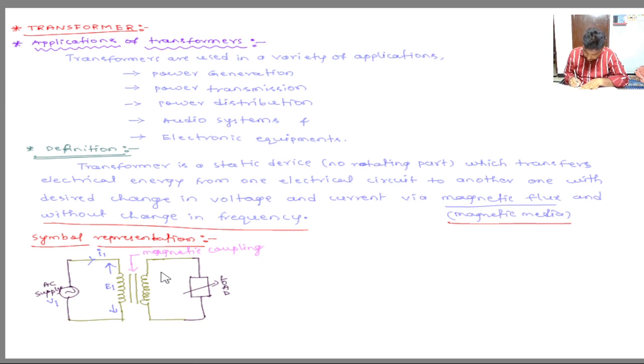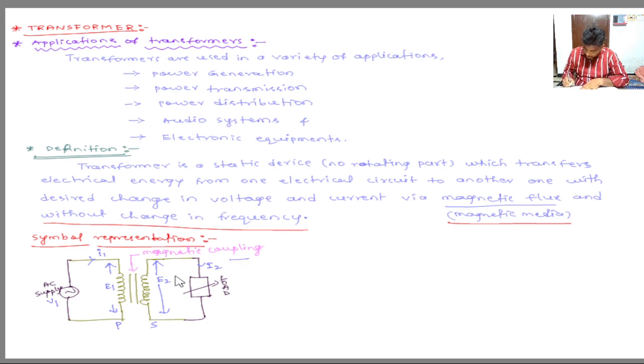The winding connected to the load is called the secondary winding, and in the secondary there is also an EMF because of the change in flux in the primary. That EMF I denote with E2, and the current flowing in the load is I2.